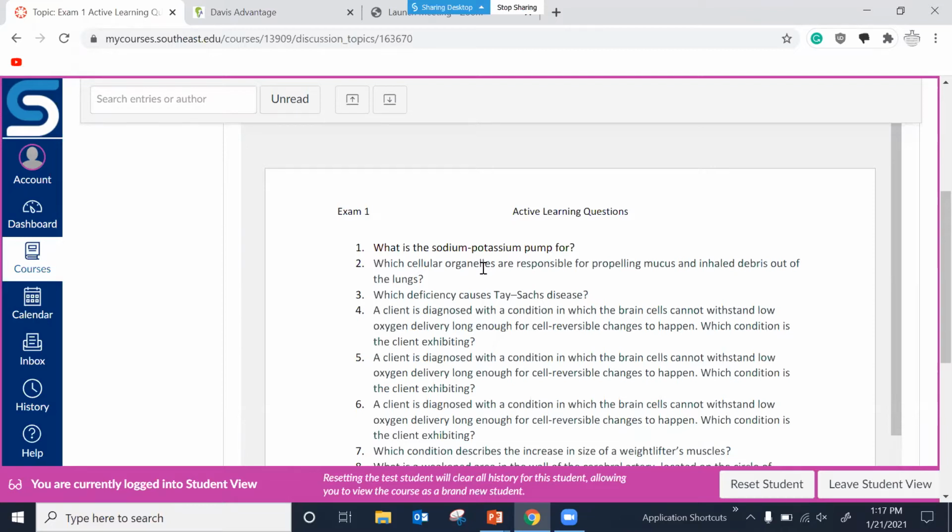So what she said here on campus was the fluid regulation. And that is a good answer. Water follows salt. Water follows salt. And sodium is just salt. And another thing to know about the sodium potassium pump is ATP.